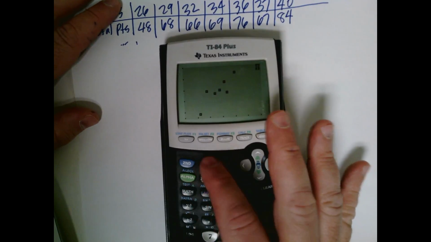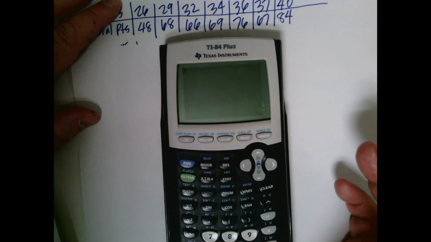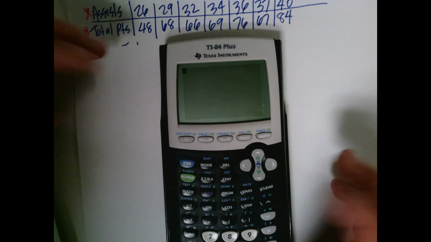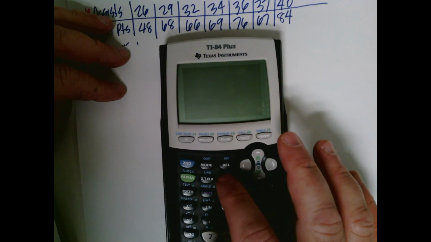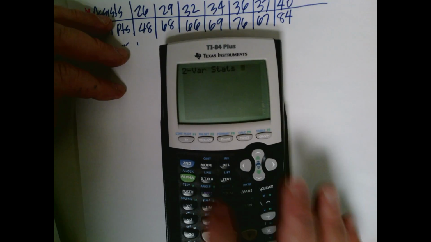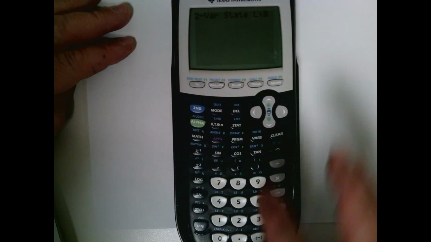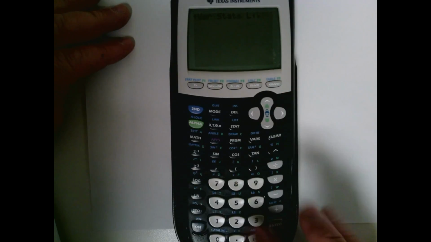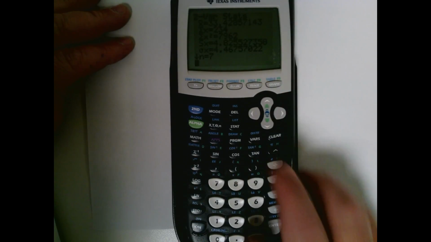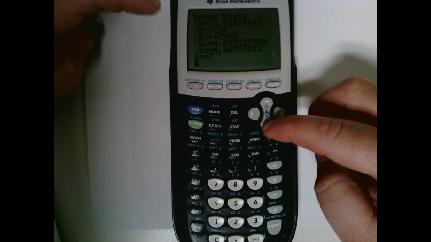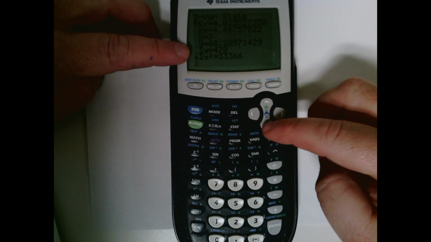Second part, let's say we want to find the sum of the x's and all that kind of stuff, sum of the x squares. You can go stat and calculate and go down to 2 variable, put in L1 by hitting that one, and L2, oops, sorry, forgot you have to put a comma, L2, and hit enter, and notice that you'll get the x's, the x squares, means and standard deviations.